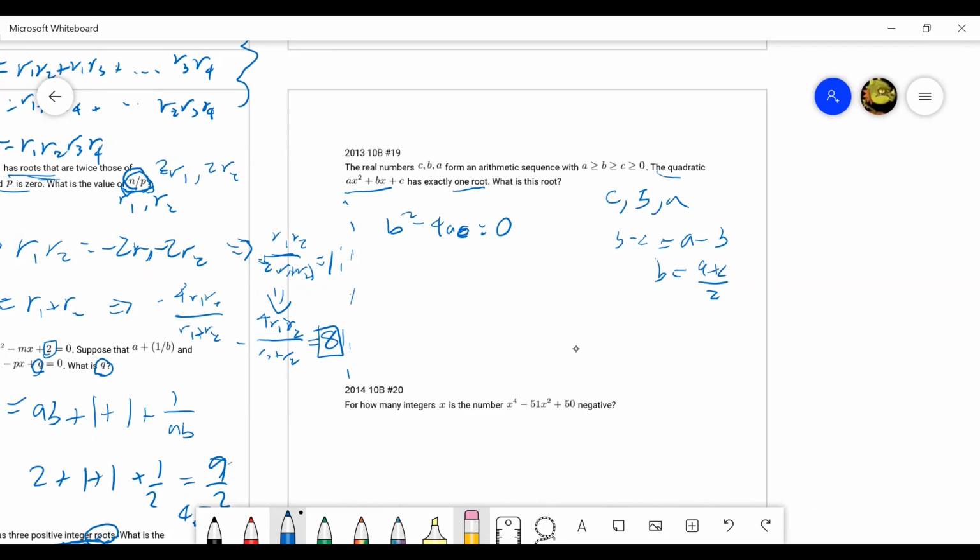So we basically have these two pieces of information from the problem, and we're asked for the root. And the root of this problem is going to be negative b over 2a. And this is from the quadratic formula, negative b plus or minus the square root of b squared minus 4ac, over 2a.